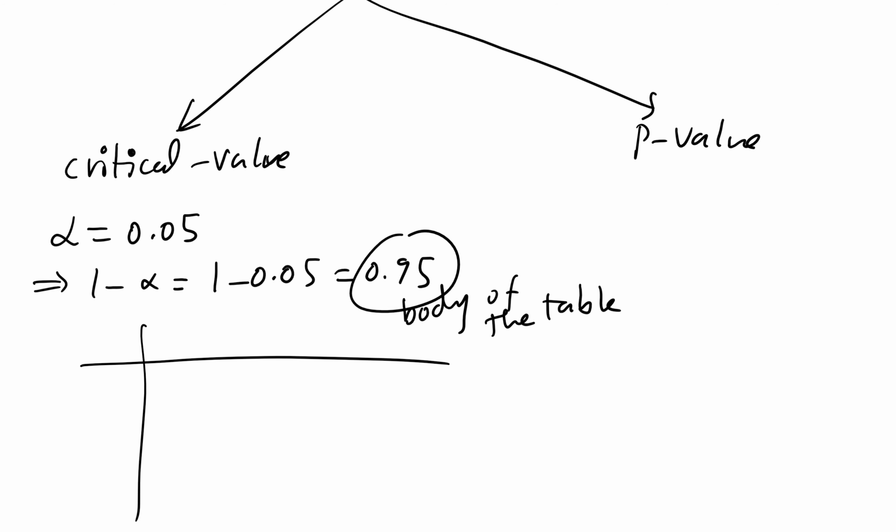There is no exact 0.95, but there is 0.9495 and 0.9505. So like this, this is 1.6, then 0.04, 0.05.